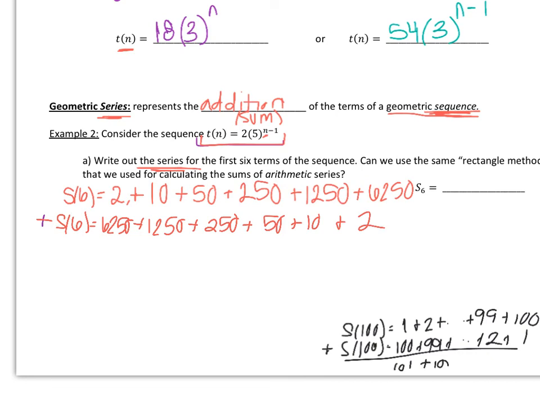So let's see if, just like we saw down here, each sum added up to the same number. So that's how we were able to represent that as a rectangle, because we could factor out the 101 each time.